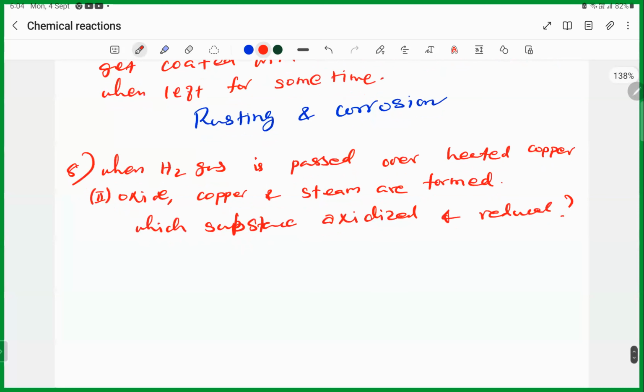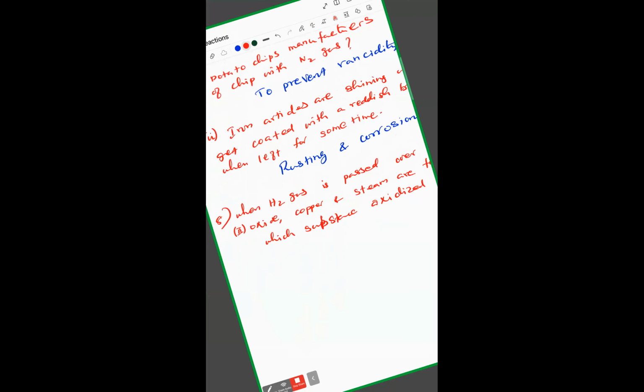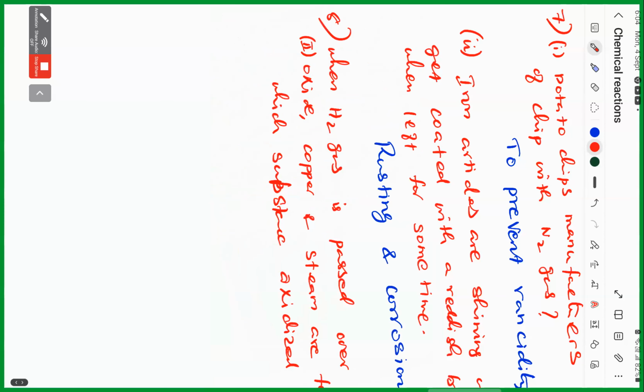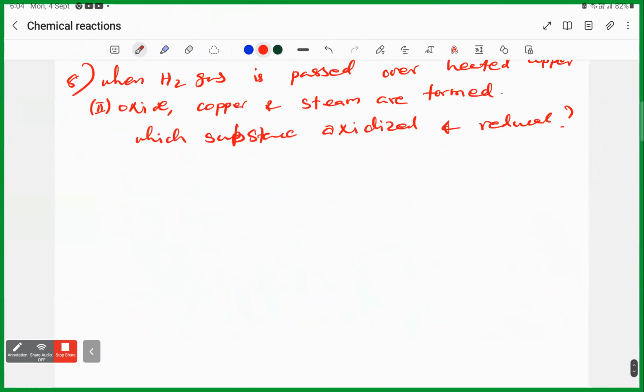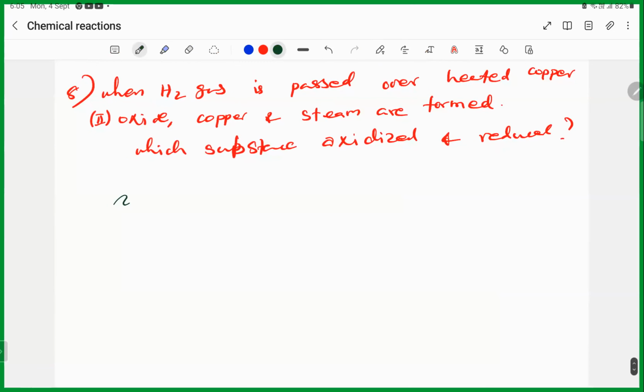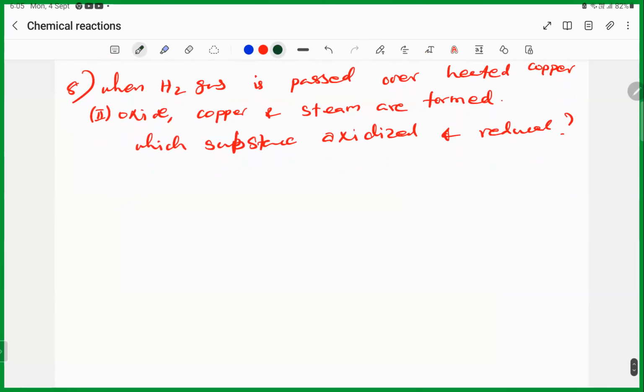What reaction is this? Copper 2 oxide. What is the formula for copper 2 oxide? CuO. So H2 plus CuO gives Cu plus H2O.